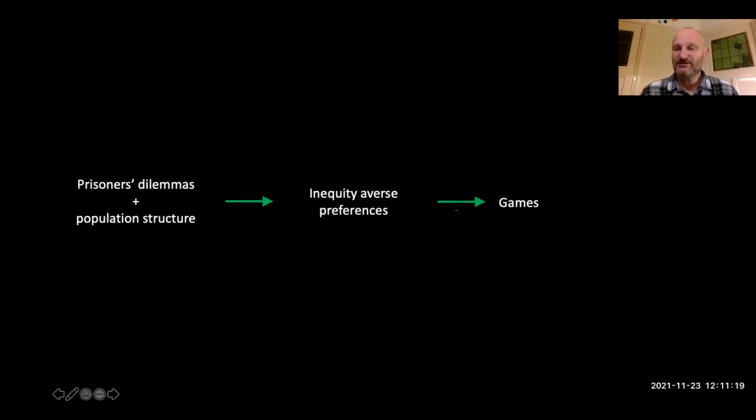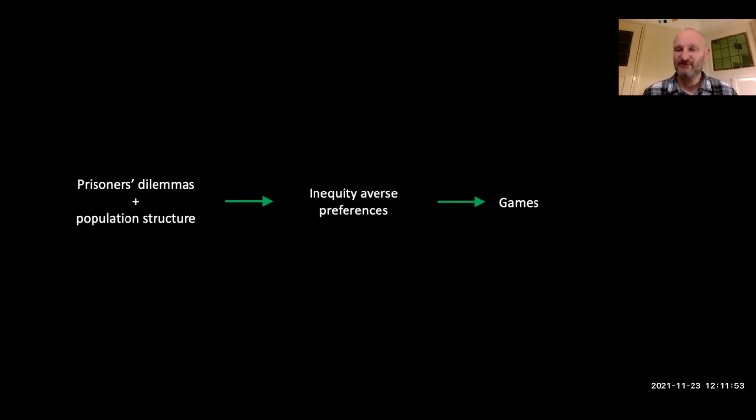Now there's also an issue at this second arrow, and that is that inequity-averse preferences can explain behavior in the Ultimatum game. So it can explain why people reject unfair offers. But what it can't do is explain that how the proposal came to be matters for whether or not we reject it.